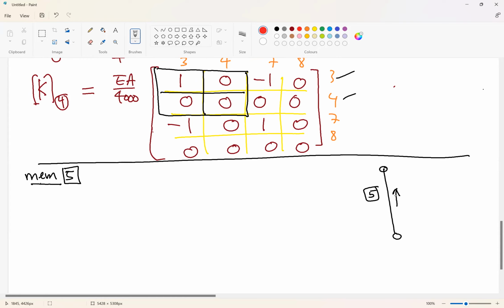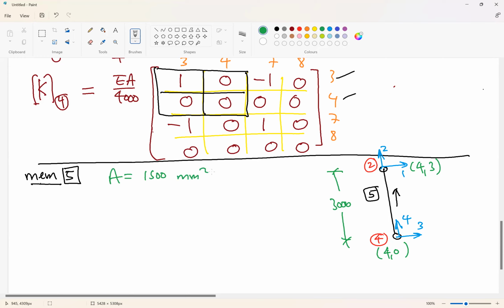Member 5 starts at node 4 and ends at node 2. Member 5 has 4 degrees of freedom, 3 and 4 at the bottom, and 1 and 2 at the top. The length of member 5 is 3,000 millimeter. The nodes are 4 and 0 and 4 and 3.